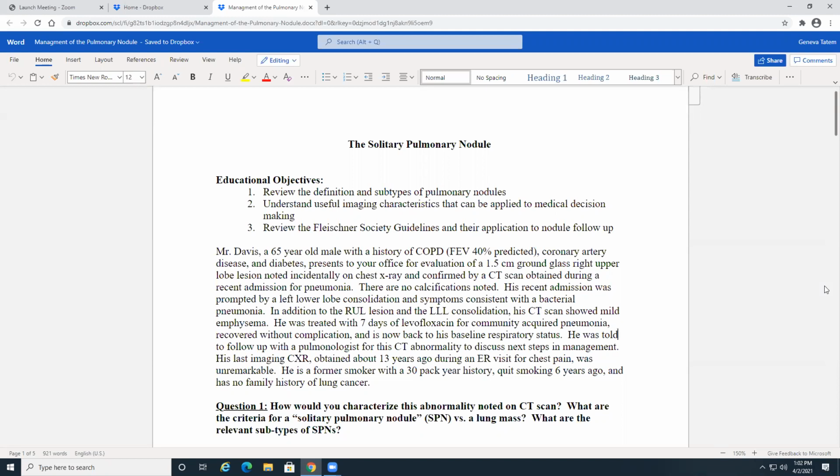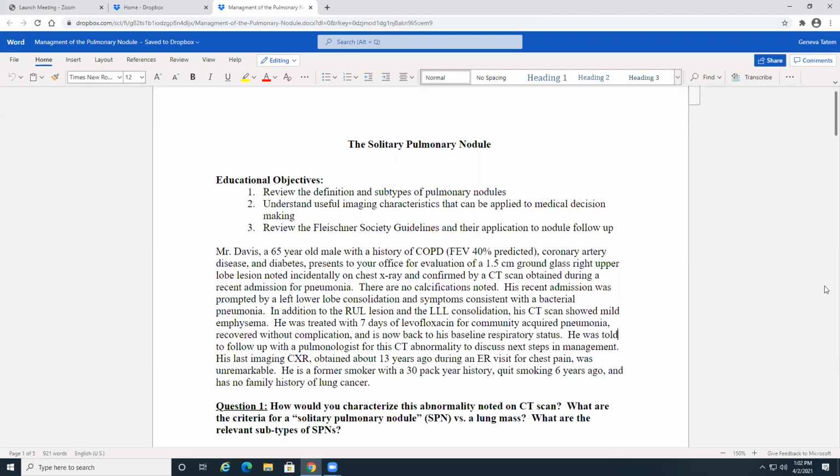I'll give you a caveat. I have not looked at this in close detail in a little bit. So the Fleischner guidelines in particular may not be completely reflective of the most recent updates. So that's just a caveat there, but I'll make sure I correct things as we go along.